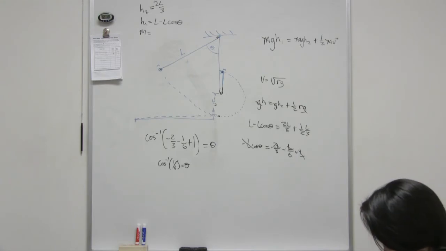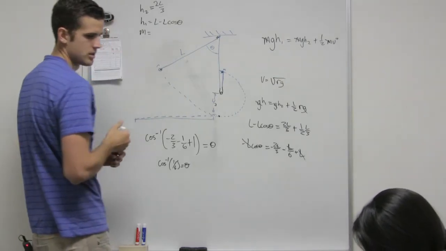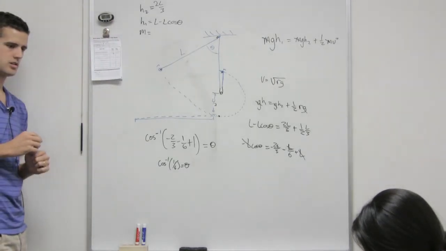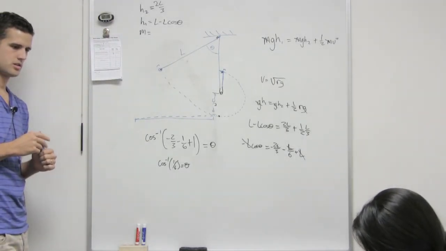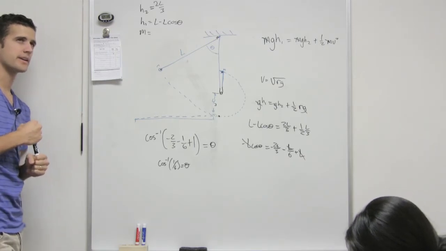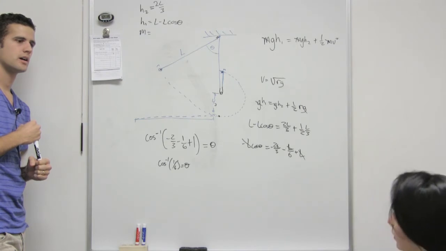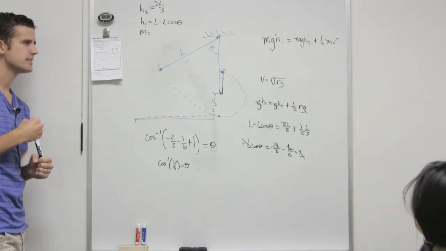Is that right? Oh, yeah, that's right. Calculator. Cosine inverse of 1/6? I should be able to do this in my head, but probably not. It's 80 degrees.